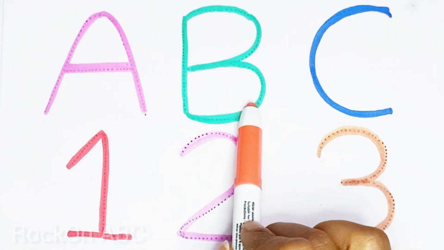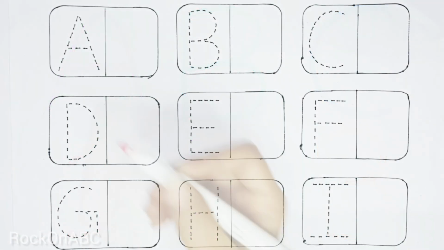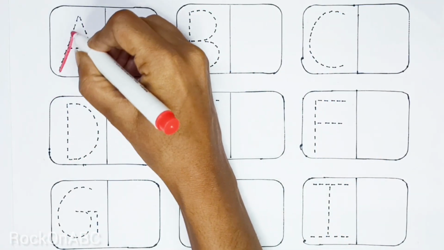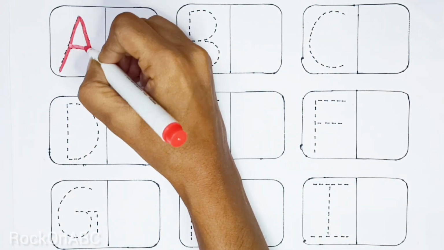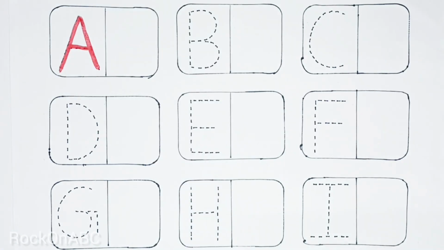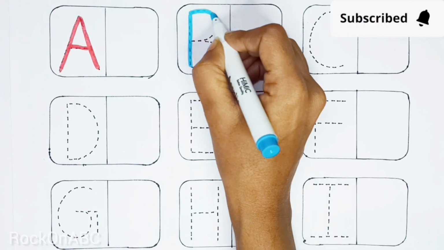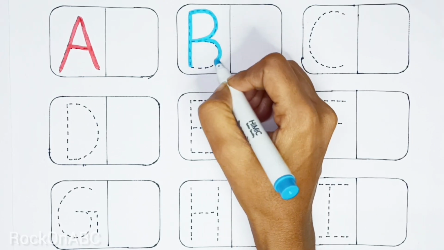A, B, C, 1, 2, 3. Very good. Red color A. A for apple. Blue color B. B for bat.